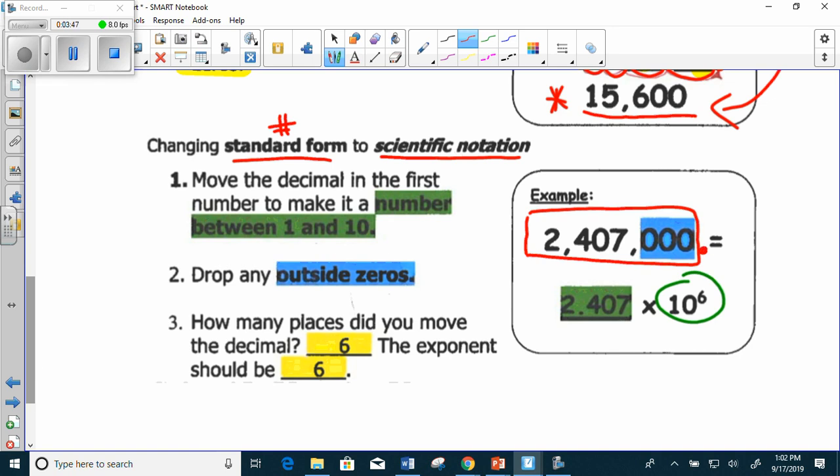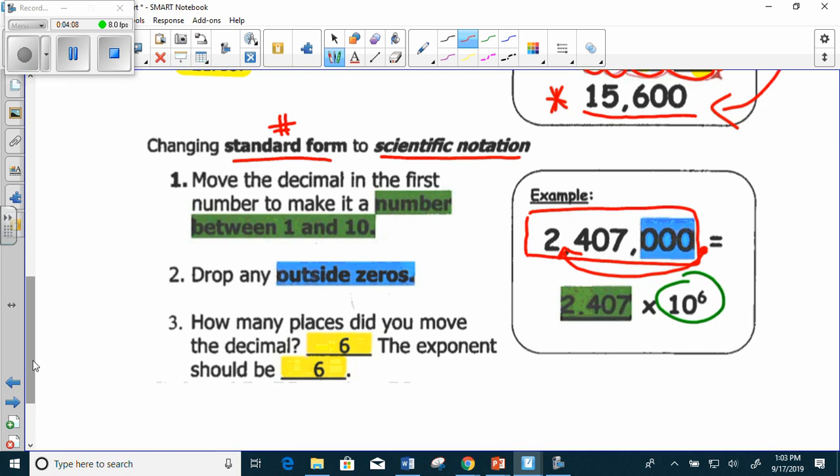Well, the decimal is at the very end. You don't see it because you don't need it. But the decimal in this case is going to be important because you're going to move that decimal in the first number to make it a number between 1 and 10. And what that means is you're going to always move that decimal behind the very first number.